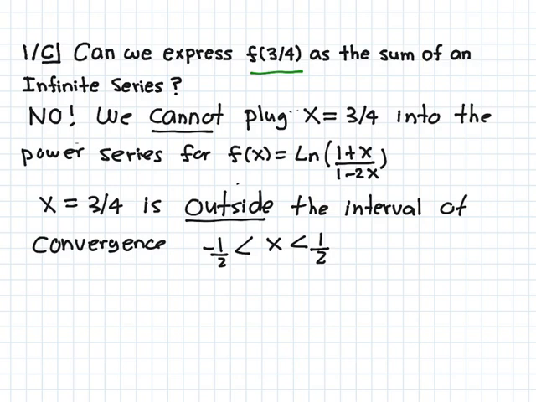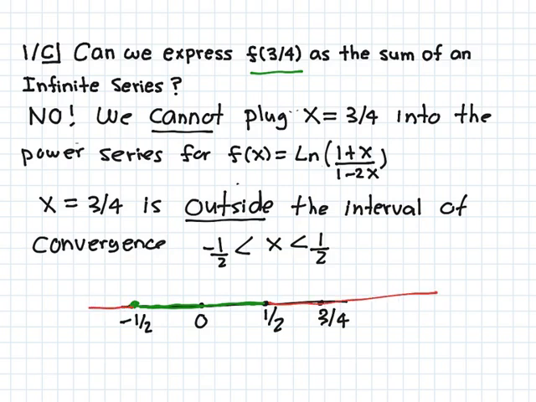Let's draw it on a number line. Here is 1/2. Here's the origin, 0. Here's negative 1/2. And 3/4 is here. It's outside. The interval of convergence is between negative 1/2 and 1/2, but 3/4 is outside the interval of convergence.